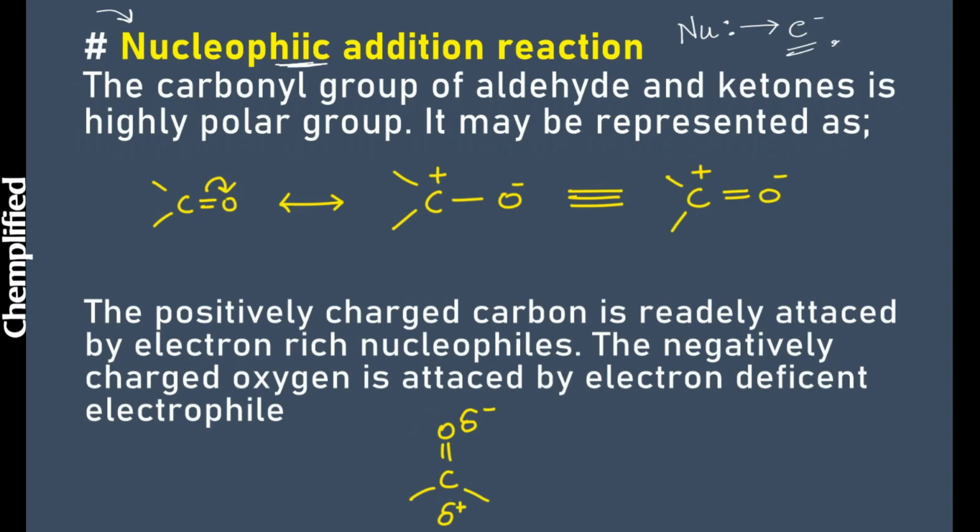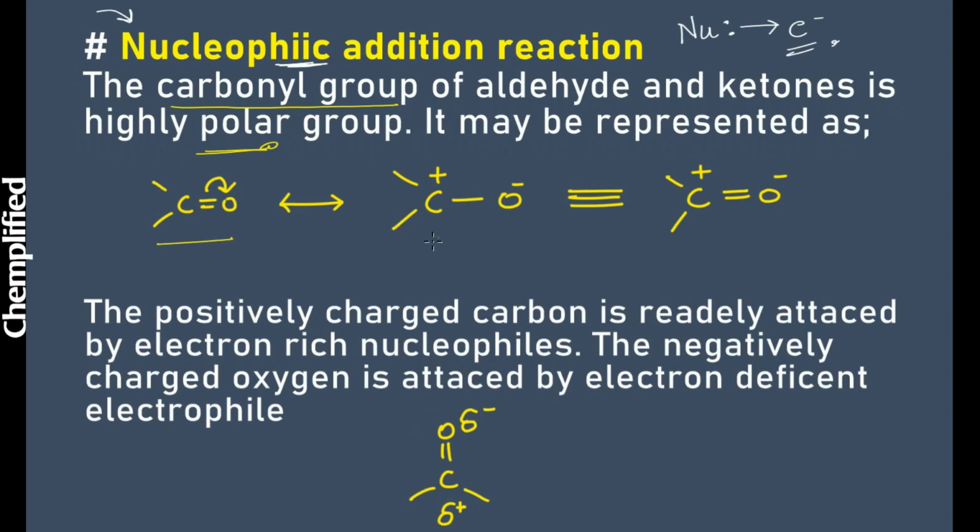Now in both aldehydes and ketones, I repeat, in both aldehydes and ketones there is this carbonyl group, that is C double bond O, which is highly polar in nature. How is that polar? This is your carbonyl group.